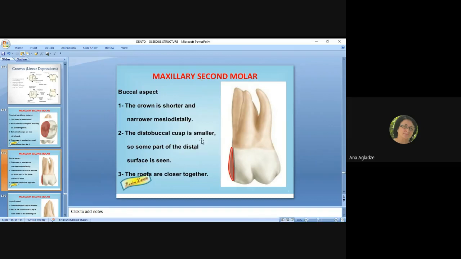The crown is shorter and narrower mesiodistally, the distobuccal cusp is smaller, and the roots are closer together and sometimes can be fused.